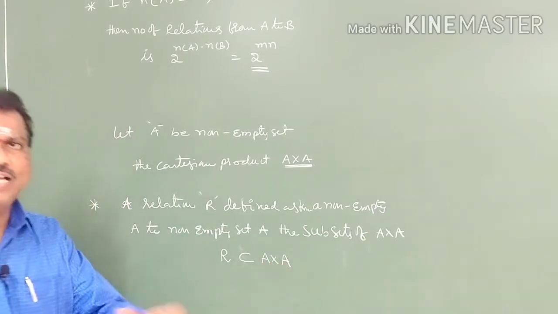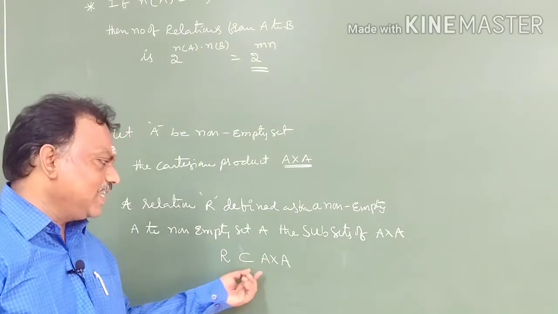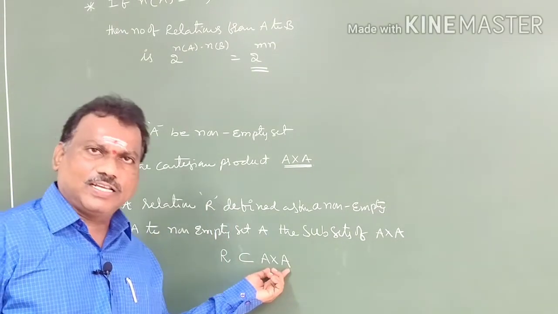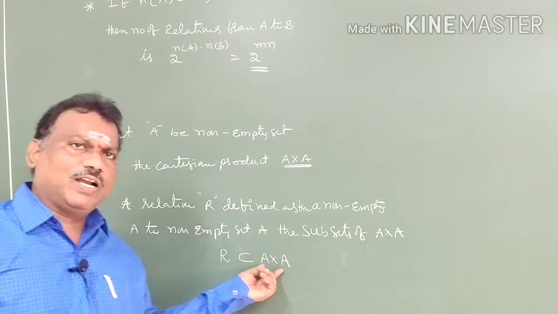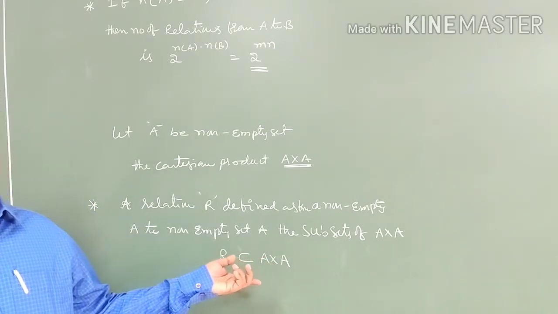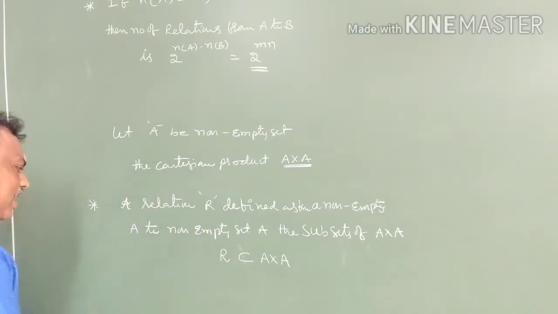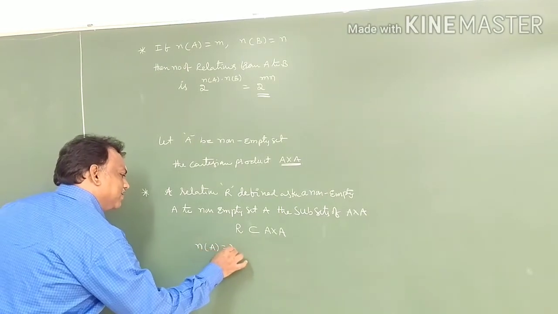There is no second set here. We will describe only a single set. That's why we will consider A cross A as the Cartesian product. If you take any particular relation in that Cartesian product, that relation is a subset of the Cartesian product. So based on that number of relations, here n of A is equal to n elements.